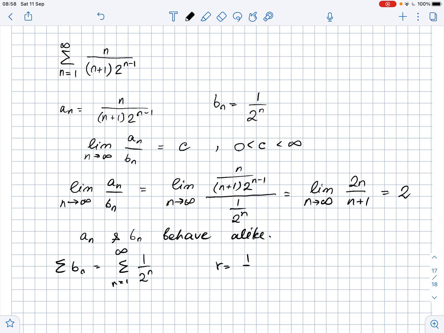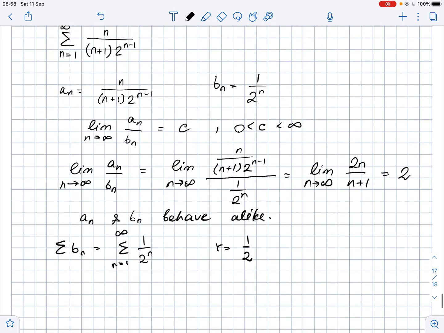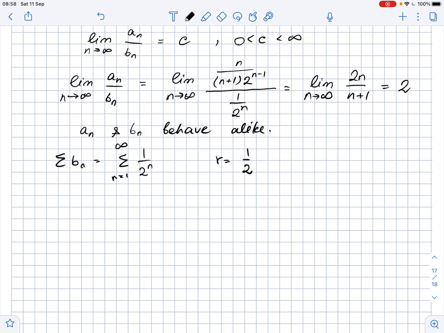And the common ratio of this series is 1 over 2. We know that for a geometric series, if the absolute value of the common ratio is less than 1, and in our case the absolute value of 1 over 2 is definitely less than 1, that means that the series converges. So we know that the series b_n converges.